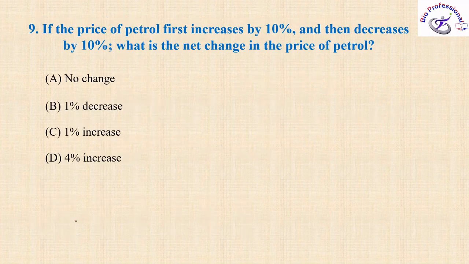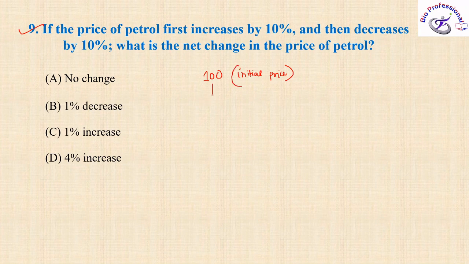Next, if the price of petrol increases by 10% and then decreases by 10%, what is the net change in the price of petrol? Let's solve this problem. Let's say the first price, the initial price, is 100.